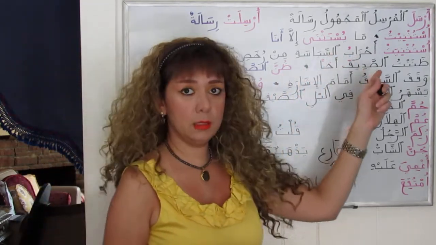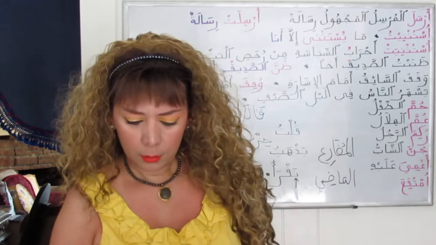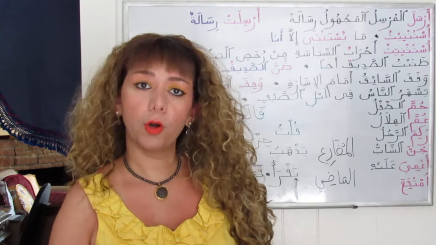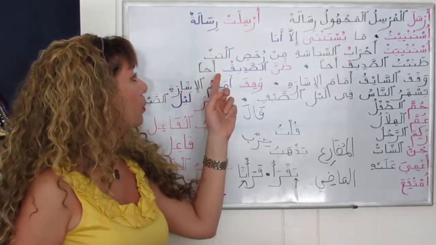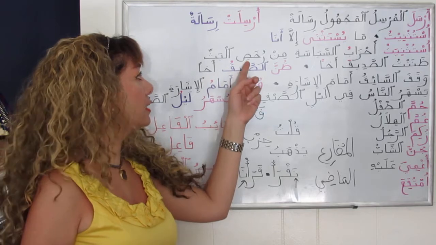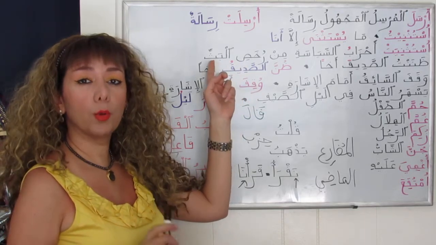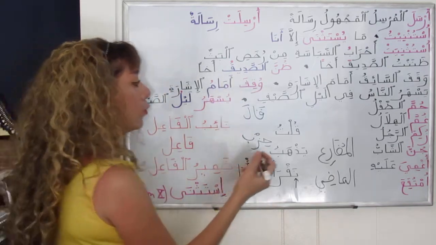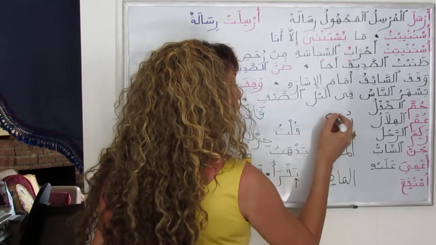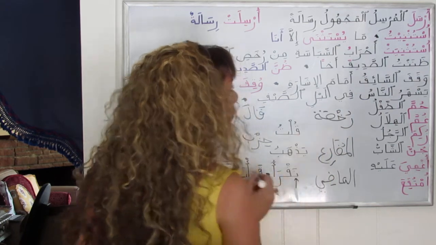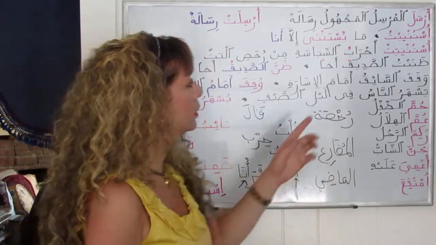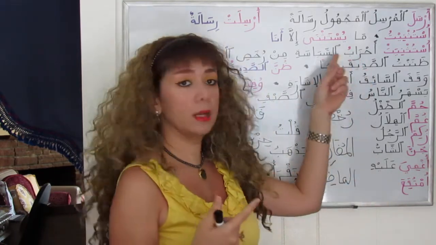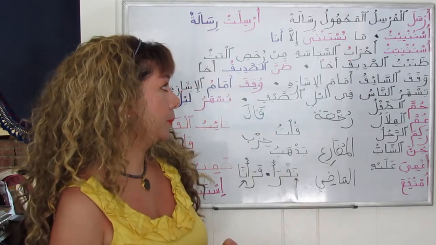Political parties were excluded from broadcasting licenses. البث, broadcasting. رخص, licenses. The singular of رخص, رخصة, license. Here the subject is an apparent noun. أحزاب السياسة. Okay?